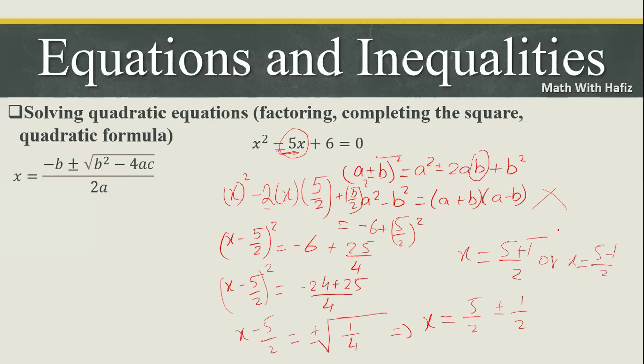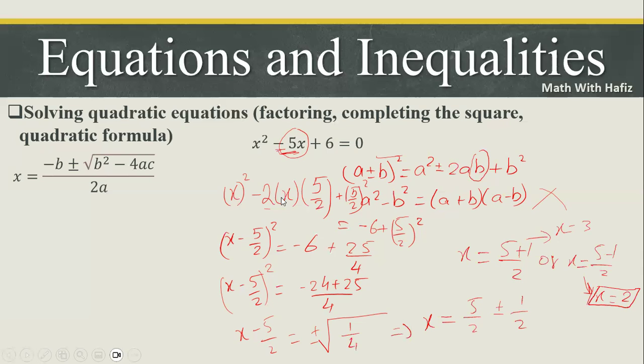So again, x will be equal to 3, x will be equal to 2. So it does not matter which method you are using, the final factors of any question or any equation will remain the same. It will not have any effect on the factors. All right. So it does not matter. Whichever method suits you, you can use it.